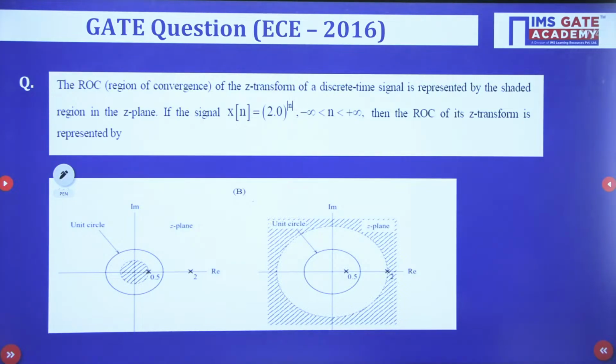Everyone just reply, guys. Shall we go for the next or wait? N or W, guys? What is the answer? A, B option. Tell me, out of A and B, which is correct?